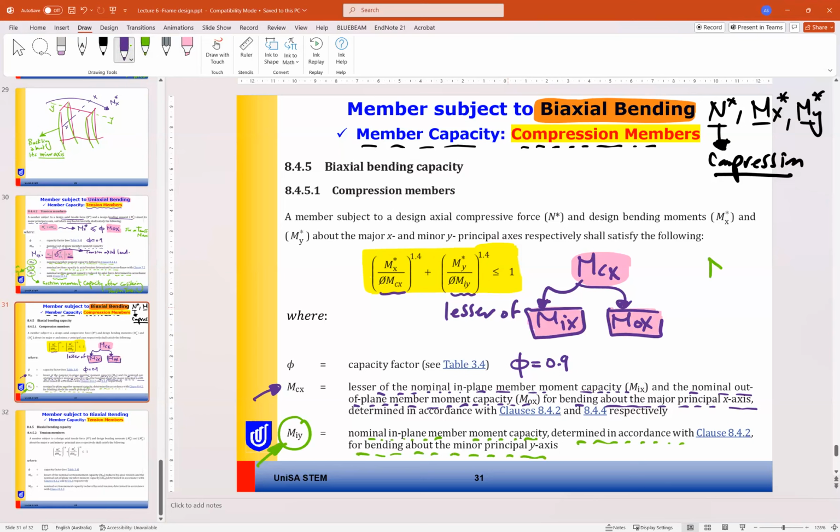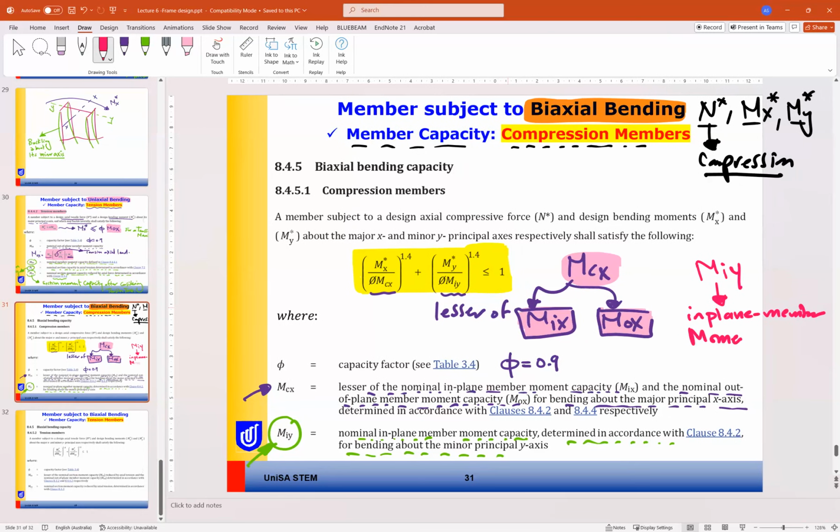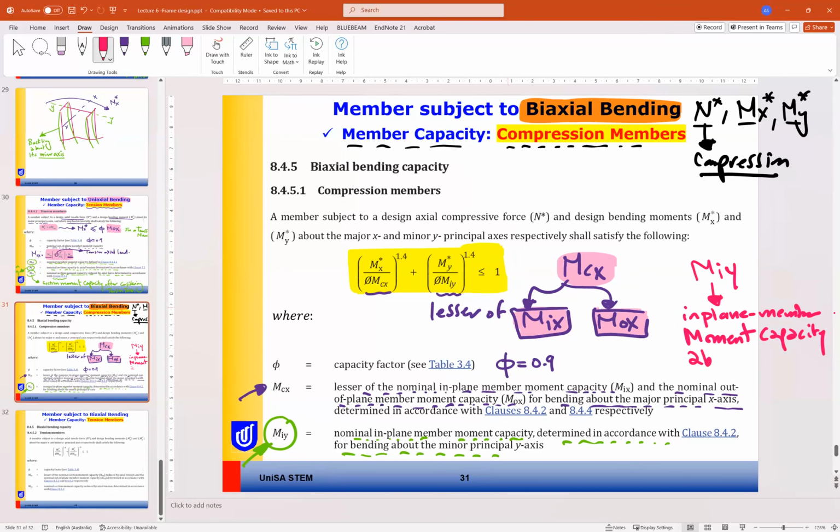So here we have MIY, only one value, which is the in plane member moment capacity about y-axis.